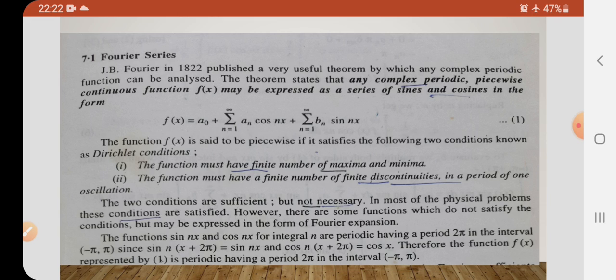In 1822, J.B. Fourier published a very useful theorem by which any complex periodic function can be analyzed.